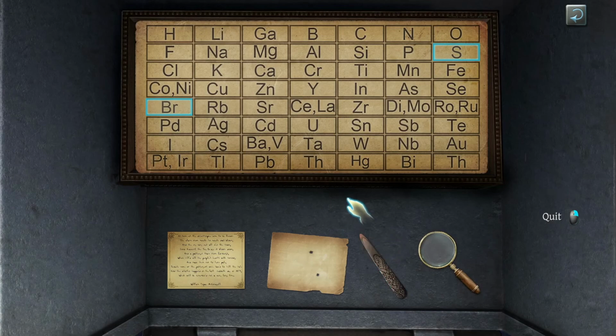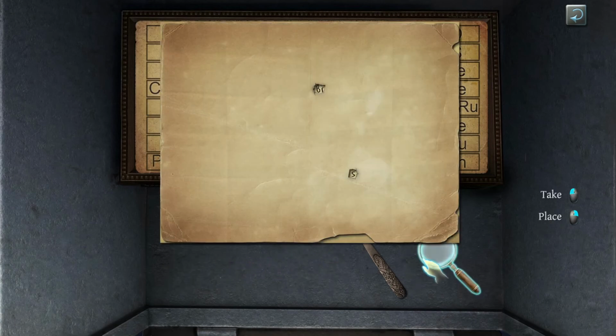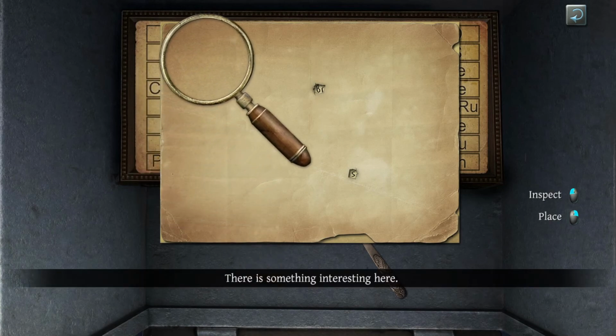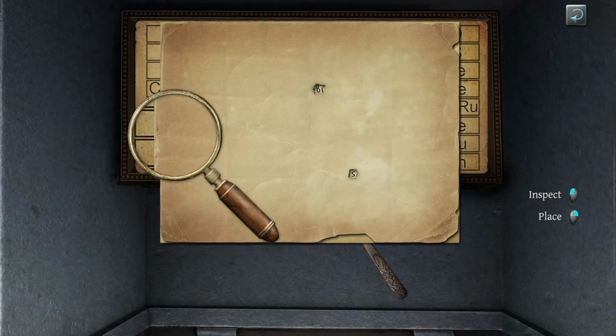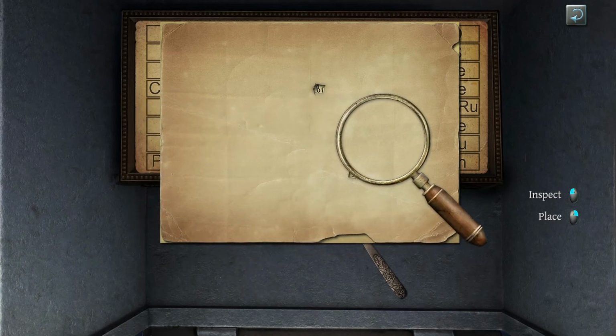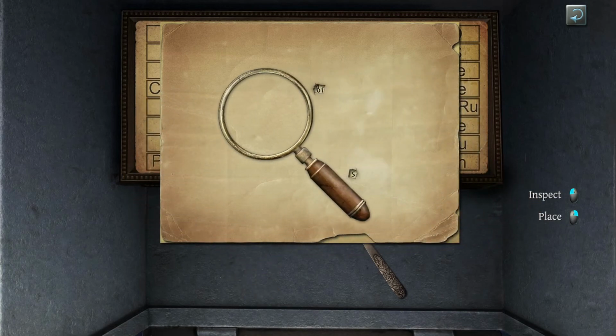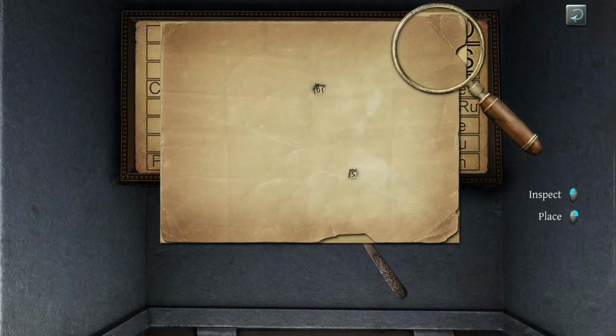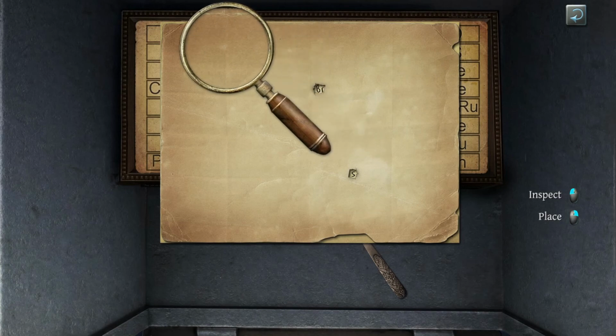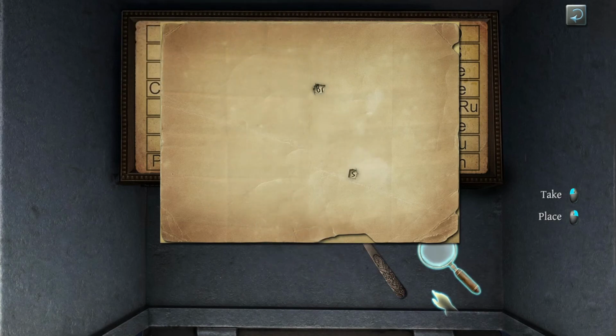But what does it help? I'm missing letters. Oh, there's a hole. Something interesting here. There's one hole. And there's the hole. Okay.